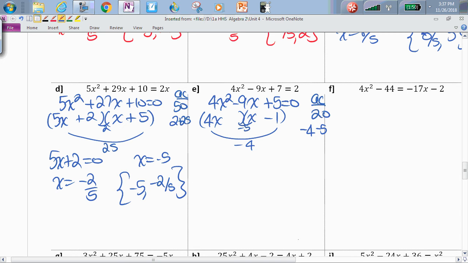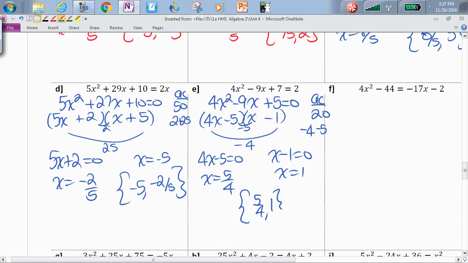That's going to be an x here because 4x times x makes 4x squared. So we need a negative 5 here. Negative 5 times negative 1 makes positive 5, and then these numbers make the negative 9. So 4x minus 5 equals 0, x equals 5/4, x minus 1 equals 0, x equals 1. Remember, I'm just moving this over to make it 5 and then dividing both sides by 4. Solutions, 5/4 and 1.